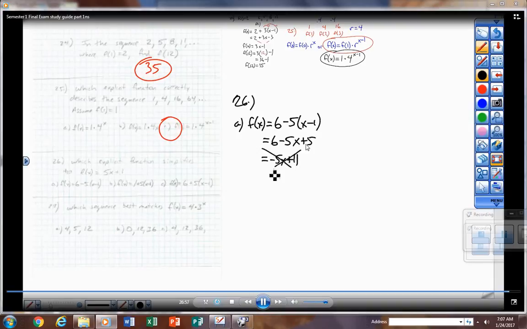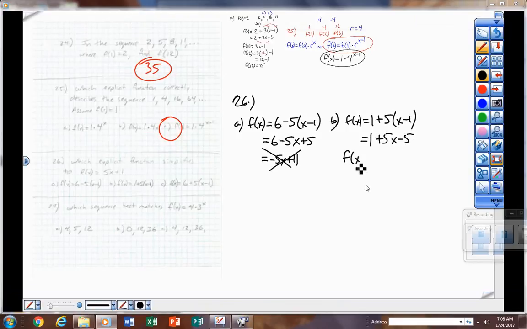That's 6 plus 5 would give me 11. That negative 5x, already a bad choice. Choice B, if I have that 1 right there, I believe, plus 5 times x minus 1. Again, I will distribute that 5 times the x, and 5 times minus 1 gives me 1 plus 5x minus 5. 1 minus 5 is negative 4.